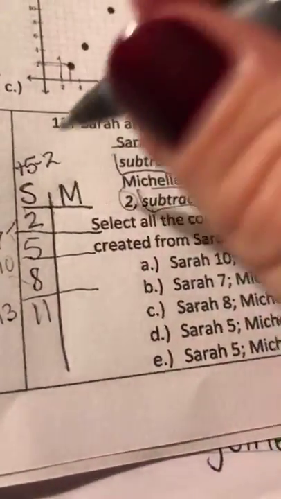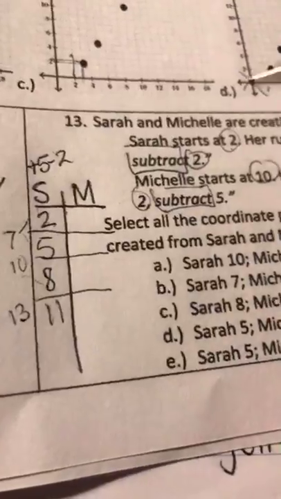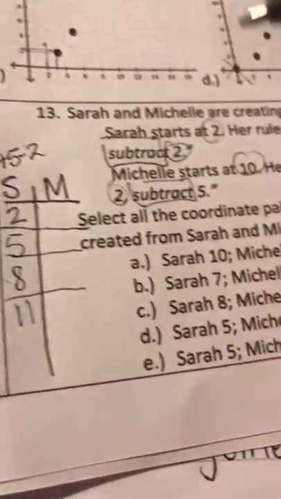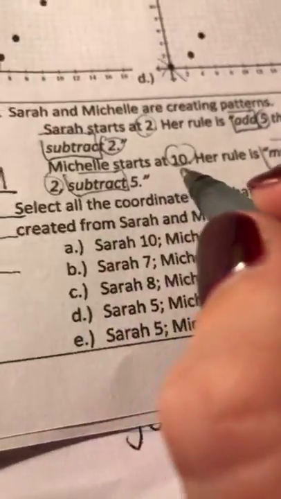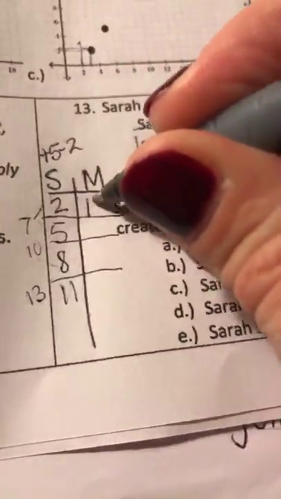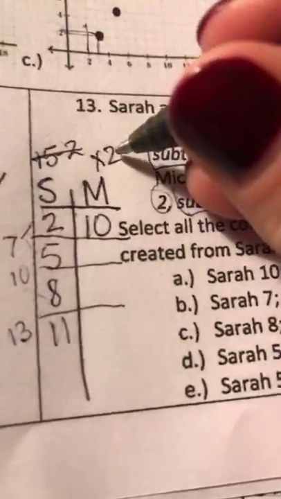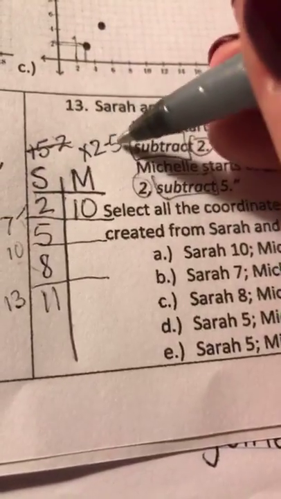And now I'm going to take that same information and generate Michelle's pattern. So Michelle starts at 10. And again, I'm going to write her rule above so I don't forget. Her rule is multiply by 2, times 2, and then subtract 5. Okay, so again, I'm going to do one step at a time and then do the next step.